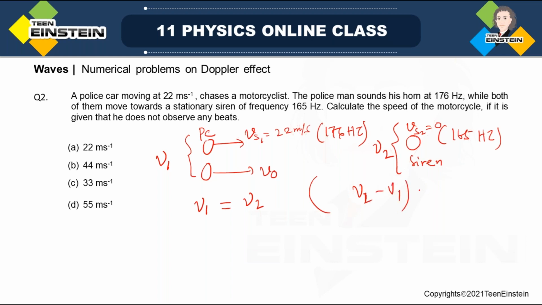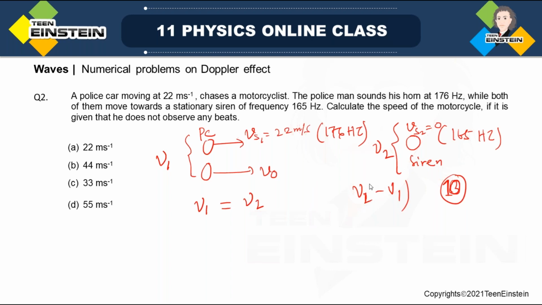They should have a difference of at least 10. If both are the same, then beats are not going to happen.